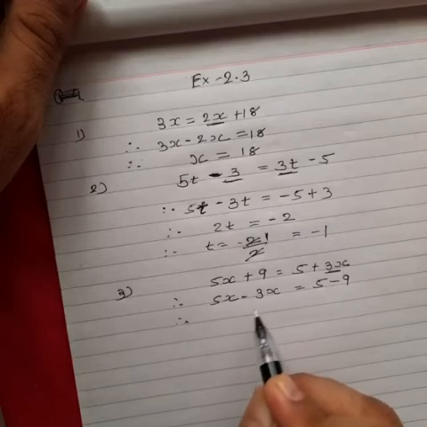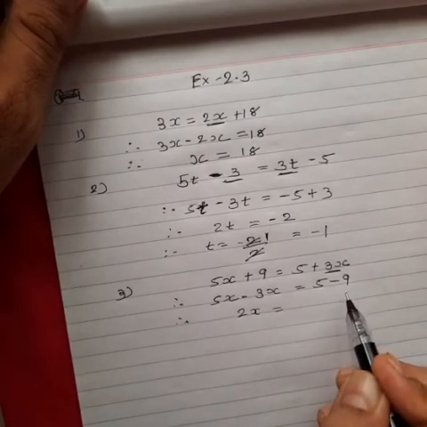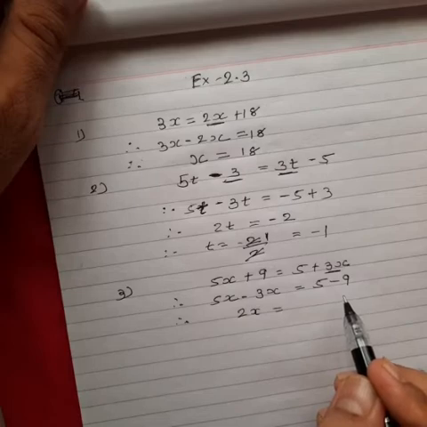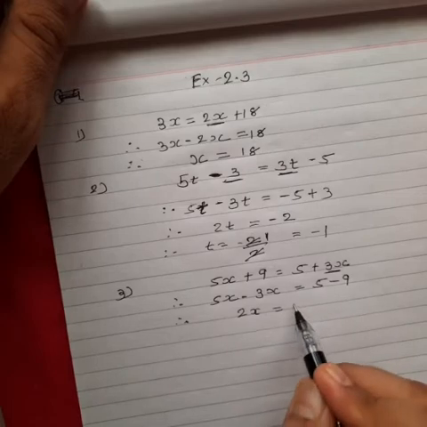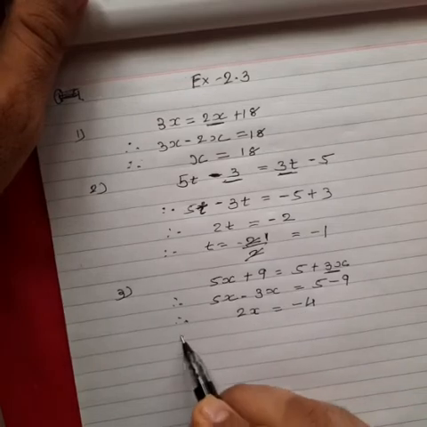So 5x minus 3x, 2x, 5 minus 9, plus and minus, so 9 minus 5, that is 4, greater number sign minus, so the answer is minus 4. 2x is equal to minus 4.